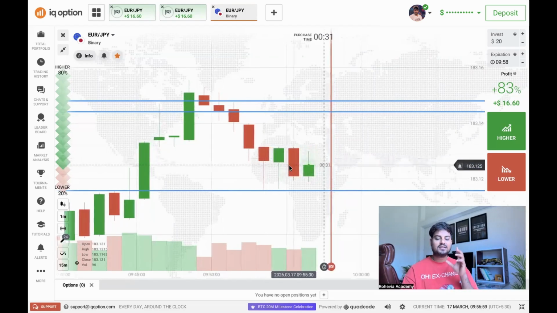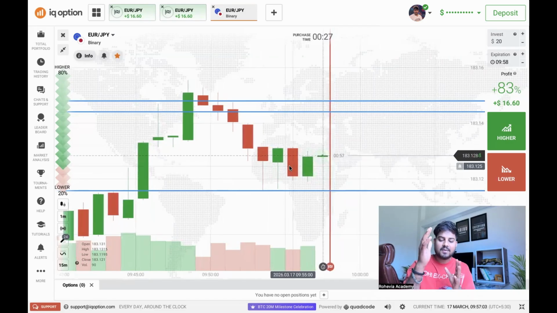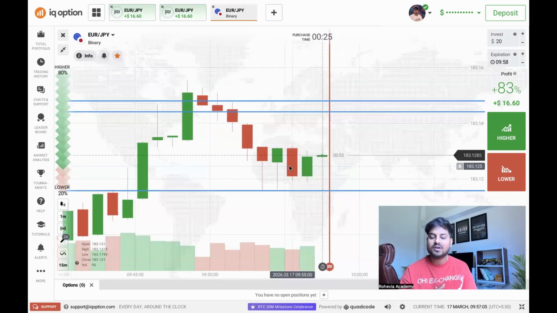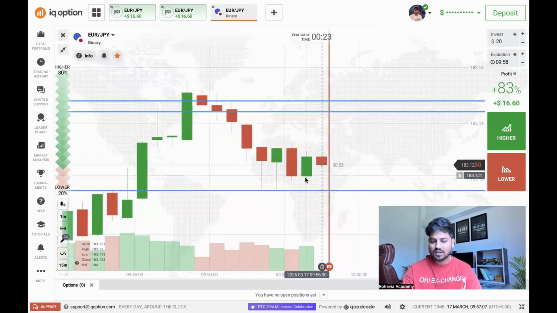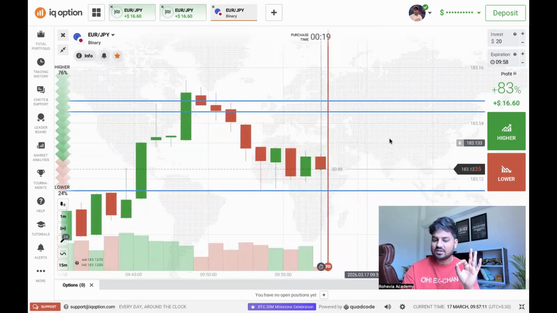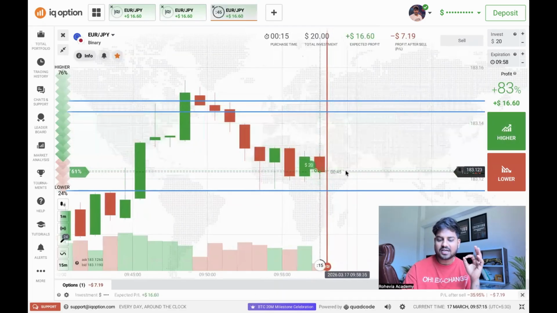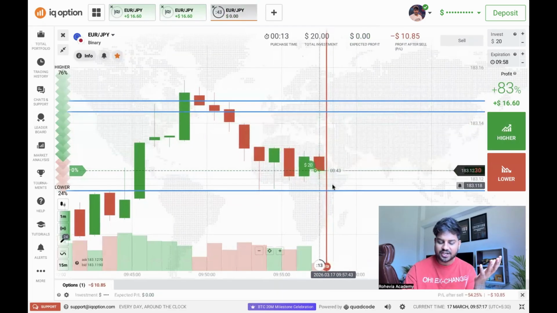So understand this power and apply it on demand or supply zones, on levels only. Like here, you can see that now here you have a valid reason to consider that maybe the market can move in the opposite direction.